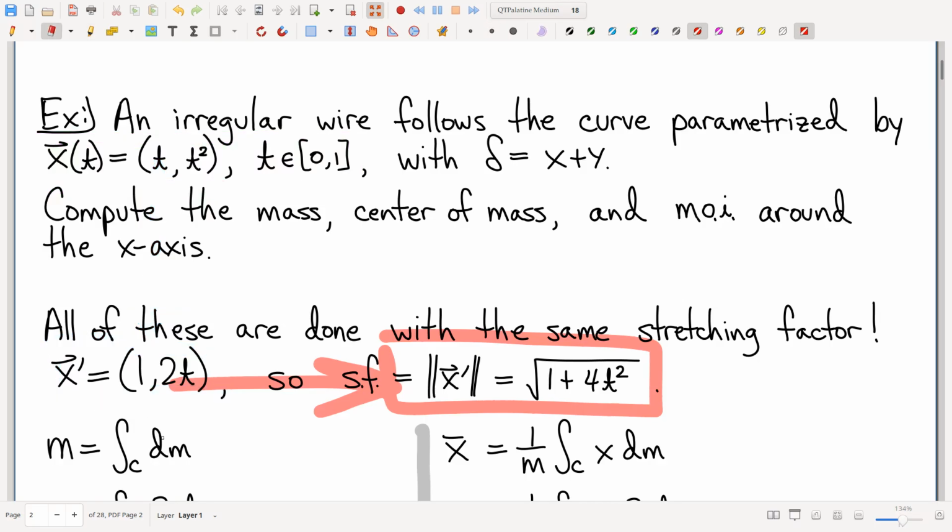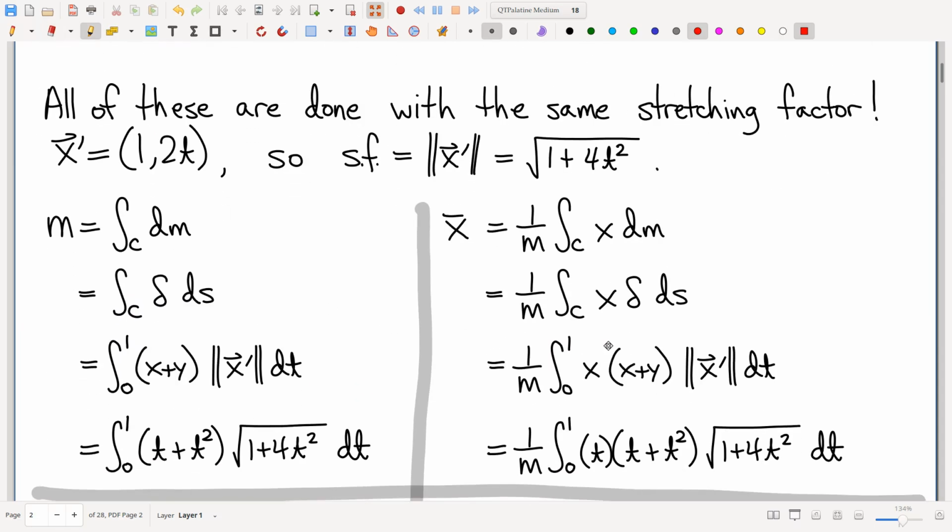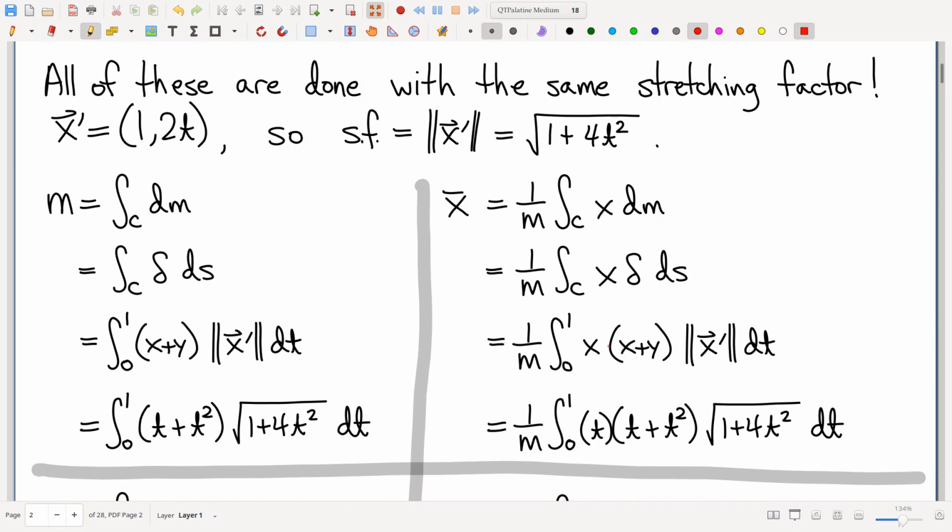All right, and then we just write stuff down. I'm going to focus on this first calculation here. I'm going to focus on computing the mass. My little superstition's not quite the right word, habit maybe.